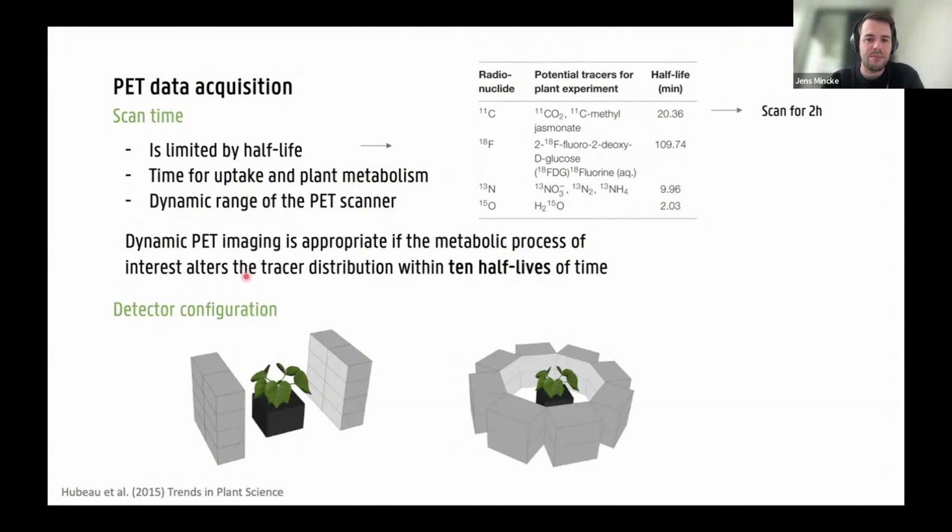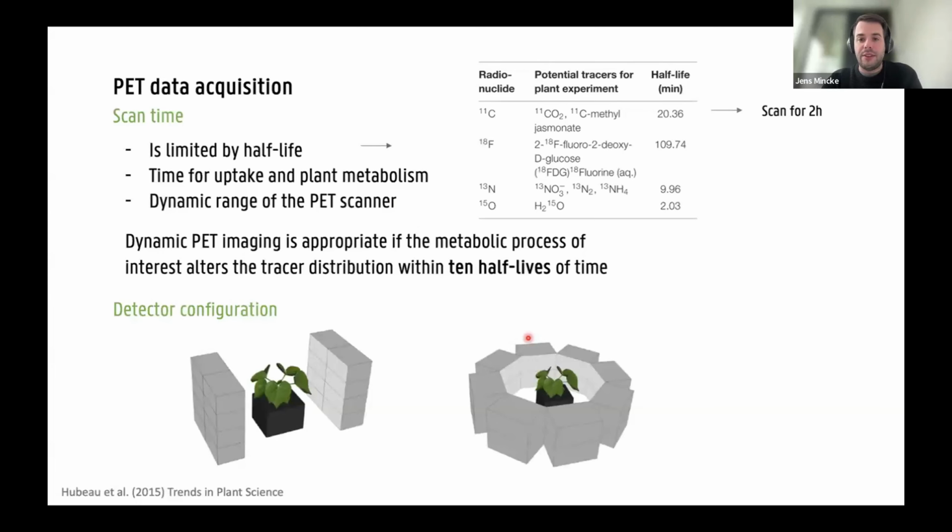As a rule of thumb, I put it here that dynamic PET scanning, so if you want to trace the tracer as a function of time, is appropriate if the metabolic process of interest alters the tracer's distribution within 10 half-lives of time, which is already quite long and will depend on both the scanner and your metabolism, of course.